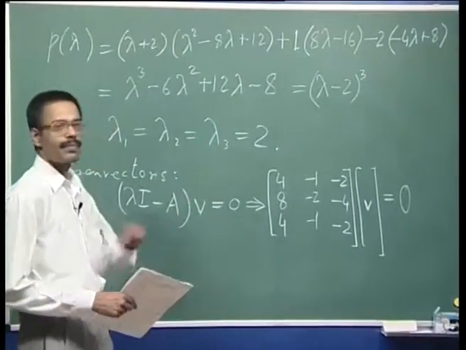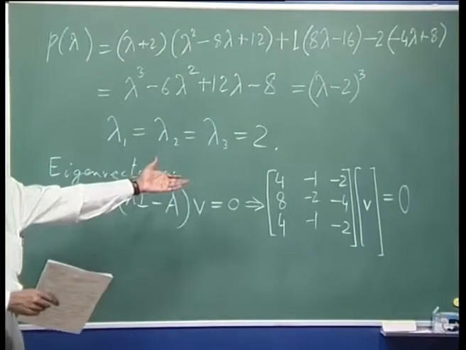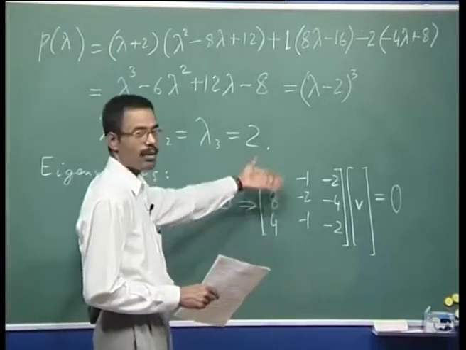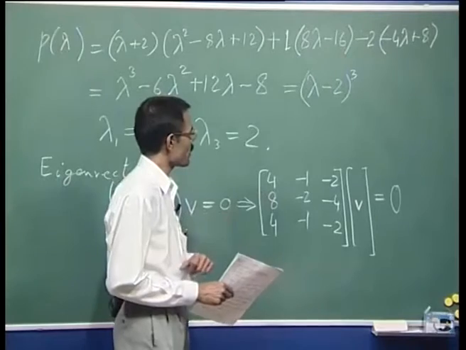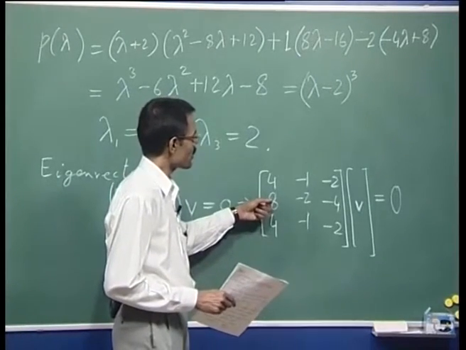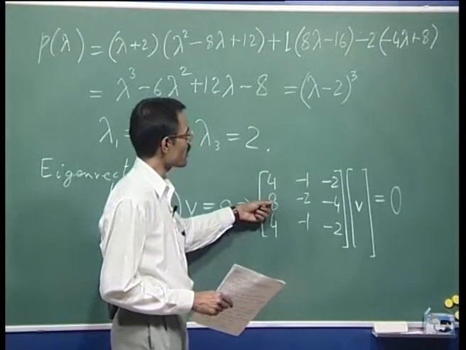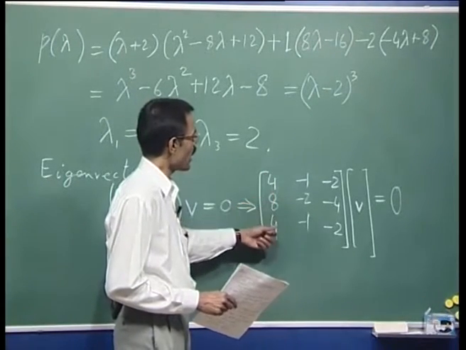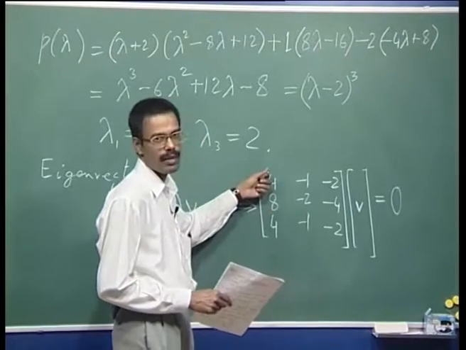Now, how to solve this? You will say that we will use the same old method, we will apply elementary row transformations, and in this case it is very easy, because it is found that the second row is exactly twice the first row, and the third row is same as the first row.